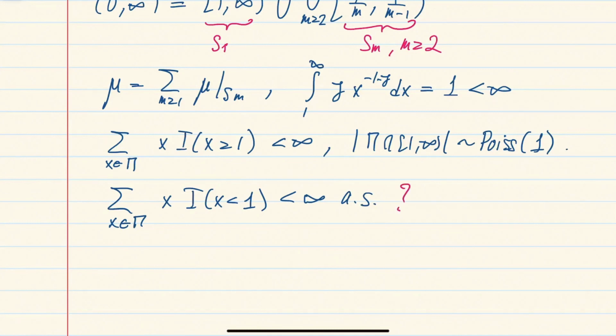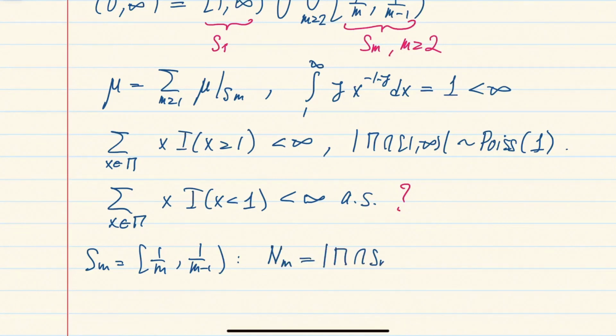And for this we can appeal to Wald's theorem. Because if we consider a particular interval Sm from 1 over m to 1 over m minus 1, then the number of points, let's call it nm, on that interval, so the cardinality of this set, is a Poisson random variable with the mean mu of Sm.